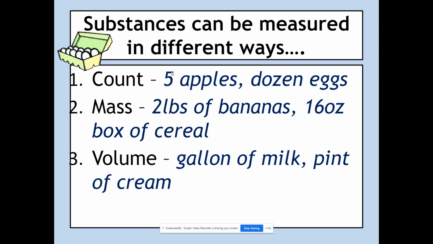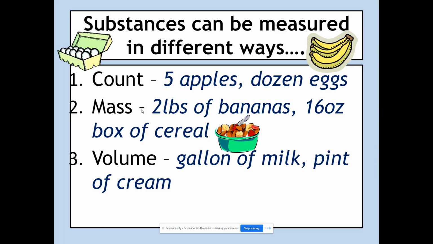We can say that there are 5 apples or a dozen eggs. We can count the mass of something. So even if we are still working with the example of eggs, we can count how many eggs we have. We can count how much that egg weighs. And we can also crack open that egg and see how much volume the liquid inside contains. So we can measure substances by count, mass, and volume.